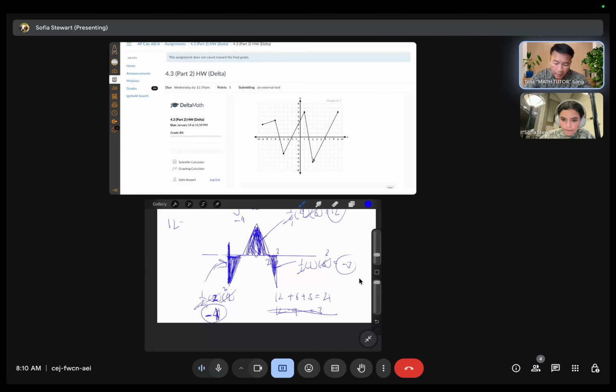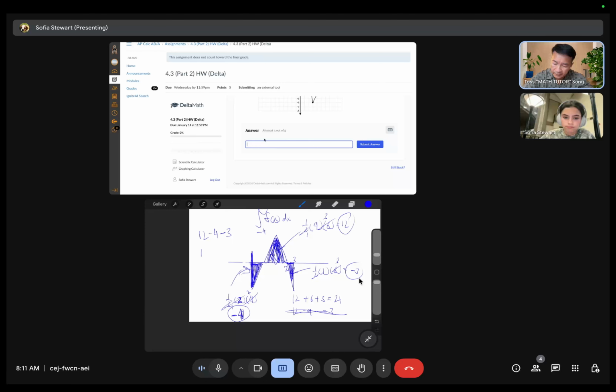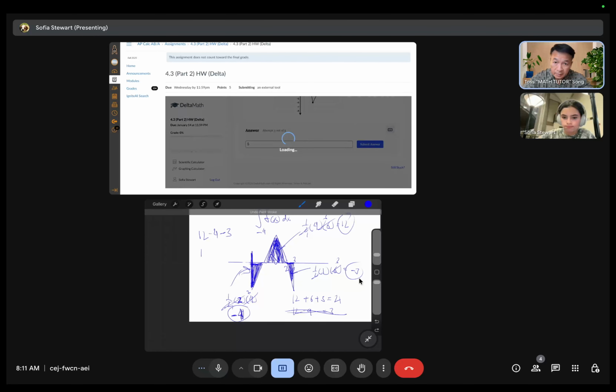This is 1 and 6, right? So we'll double check. 2 times 2 times 4, right? For the first triangle, negative. So it's -4. So it's 12 minus 4 and minus 3. Is that right? So 5? Yeah, it should be 5. Yes, there we go.